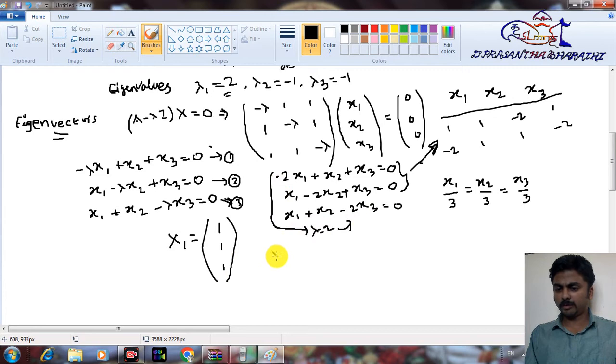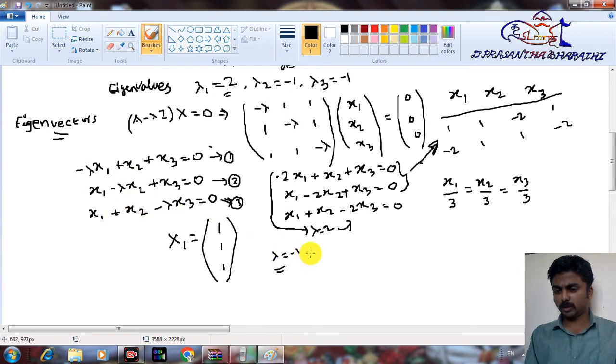And now for lambda equal to minus 1, which is also repeating 2 times, we can substitute only one time. So substituting lambda equal to minus 1 here, we get 1x1 plus 1x2 plus 1x3, then 1x1 plus 1x2 plus 1x3, then 1x1 plus 1x2 plus 1x3.